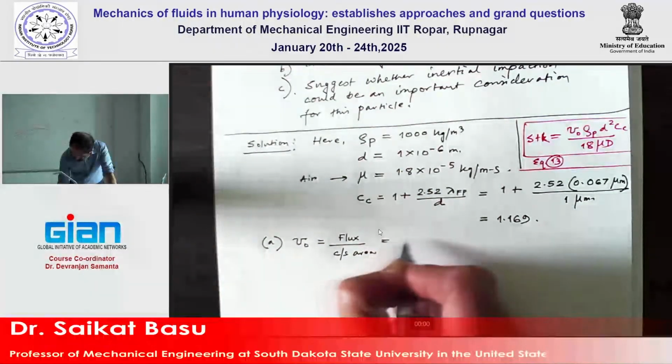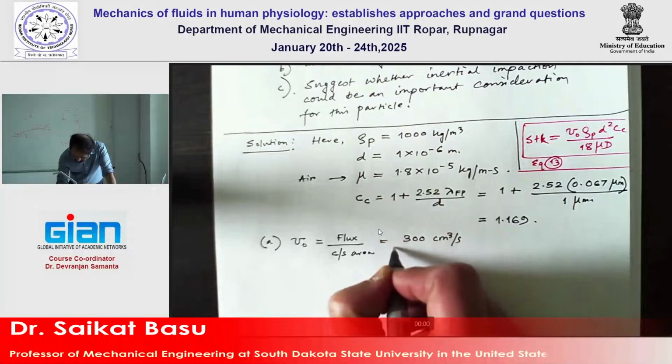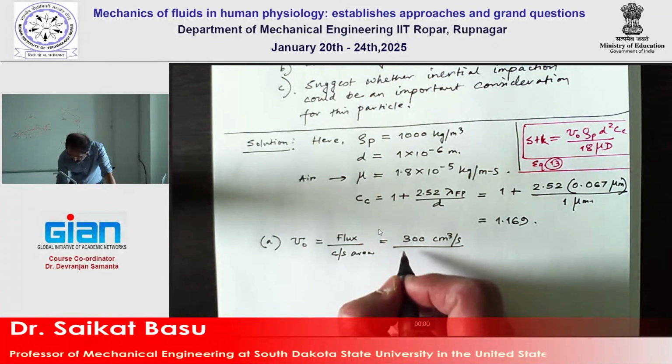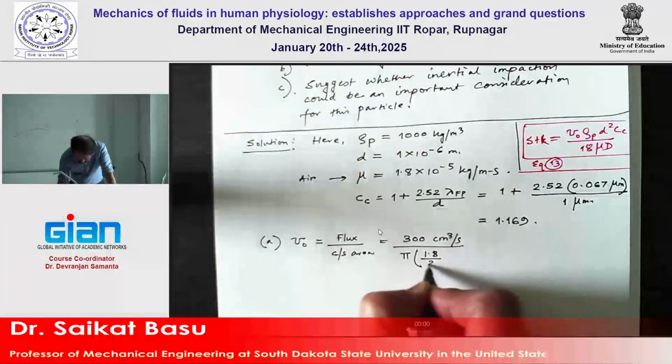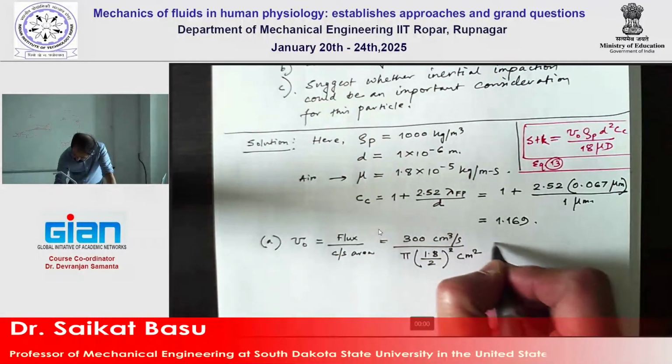So the flux is 300 cc per second. The cross-sectional area has a diameter of 1.8 centimeters, so pi times 1.8 by 2 centimeters squared. Can you give me this number?